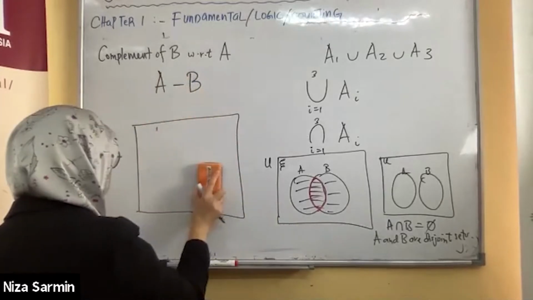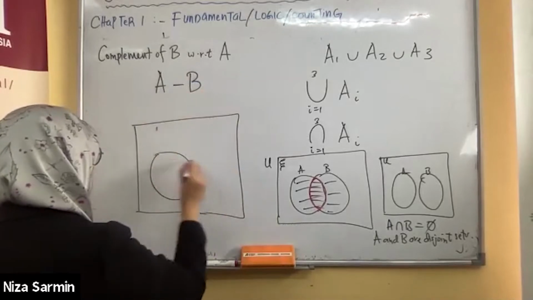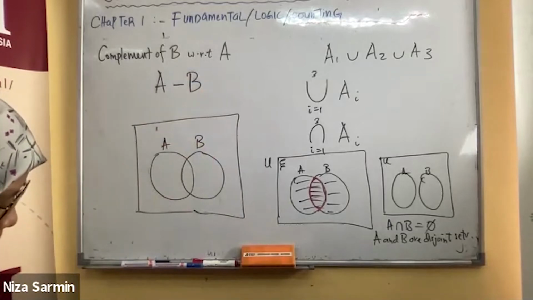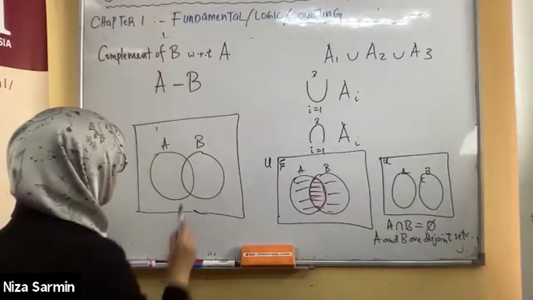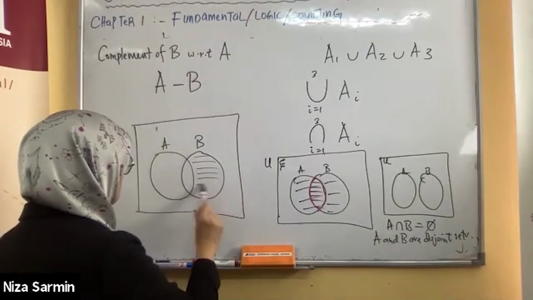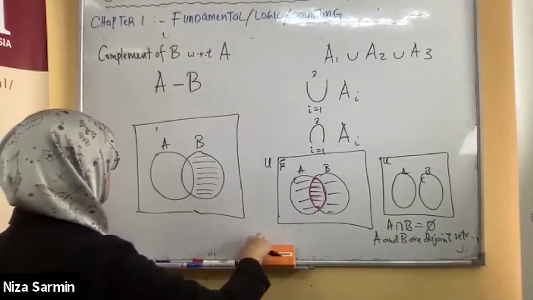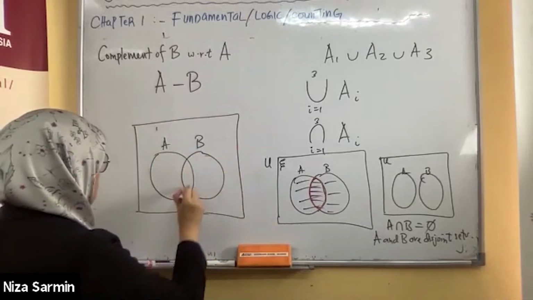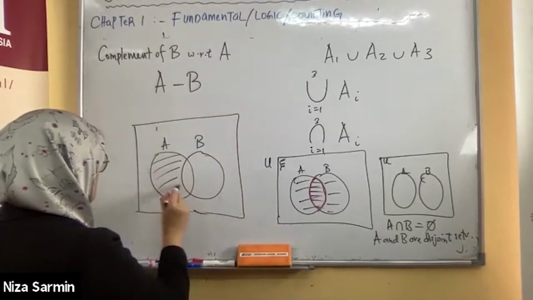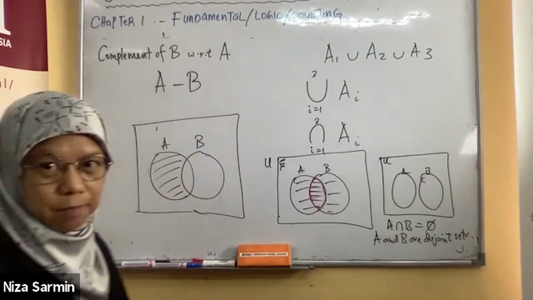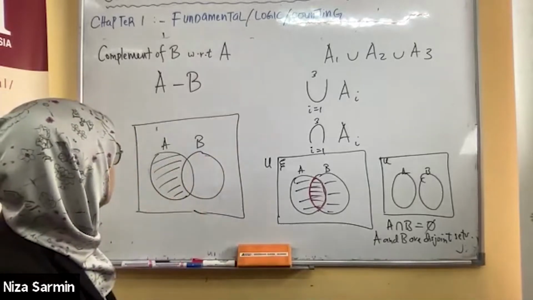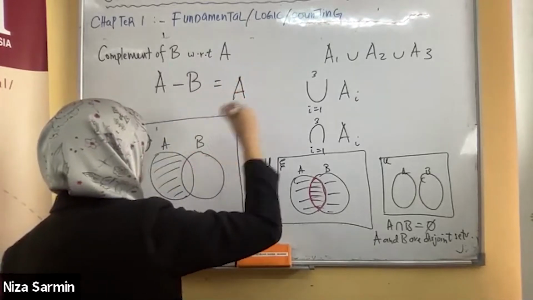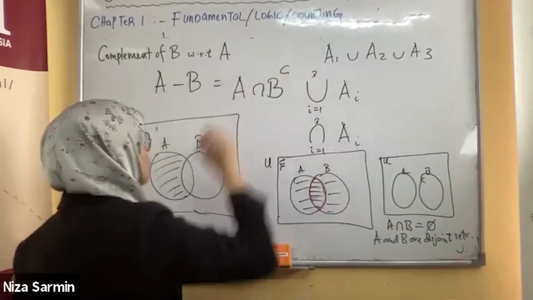So if you have A, B, A minus B is this. A minus B is this. All right? That is A minus B, which is also A intersect B complement.